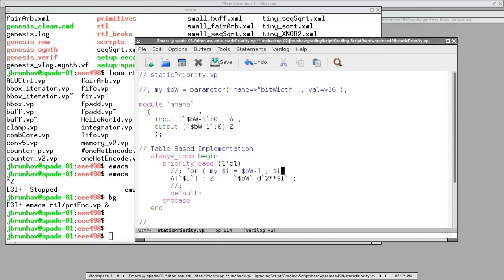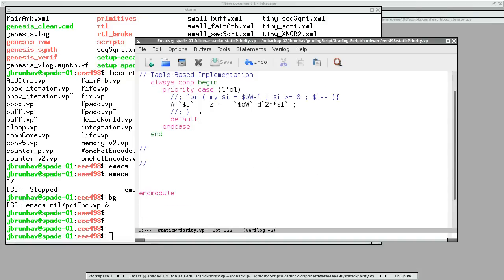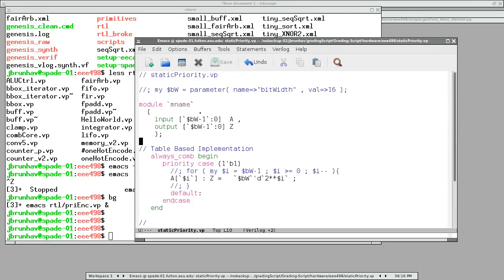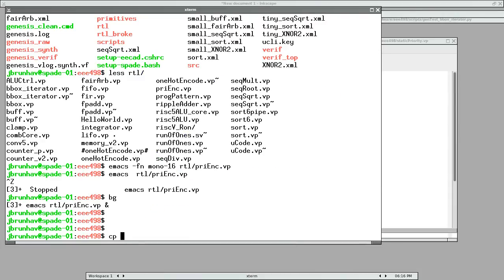Then we actually want $I greater than or equal to 0, and then $I minus minus. So what this will do is this will loop in Perl over this line and produce this. All right. So hopefully I didn't mess that up too bad.